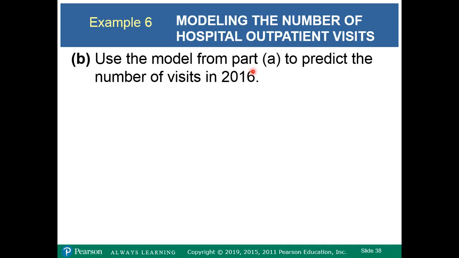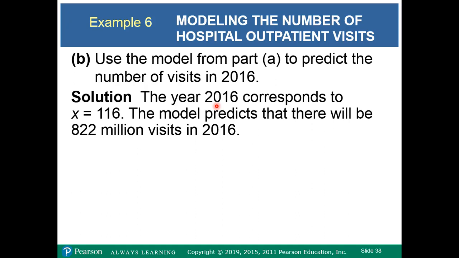Now use the model from part A to predict what it would be in 2016. That's going to be 116 years after 1900, so x is going to be 116. All you have to do is use the second calc option for your window, and then use the value option.